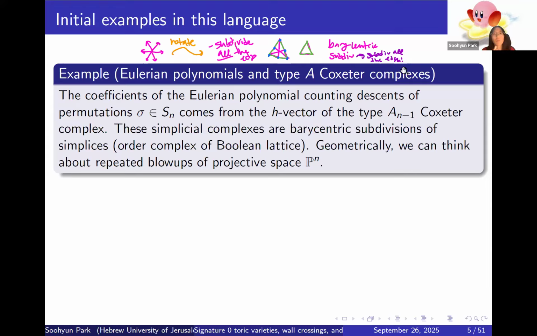So you look at which side of each edge you're on, and repeatedly subdivide the edges. If you look at the typical picture of a type A root system and tilt your head, you realize they're the same thing. And this actually happens in higher dimensions. Then if you look at the toric variety associated to a particular fan and think about subdivisions as blowups, you think of a projective space from a simplex and then keep blowing stuff up.